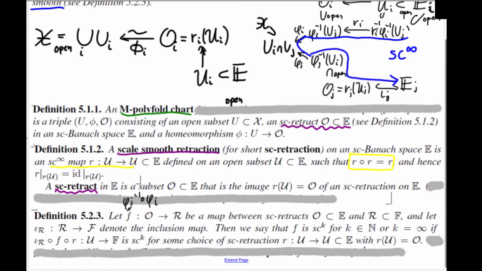There are two different retracts, and I'm calling that an SC^k map, or in particular scale smooth map, if this composition here is smooth, where I pre-compose with the retract and I post-compose with this inclusion map. Oh, and that, interesting, typos, that should be that kind of F.